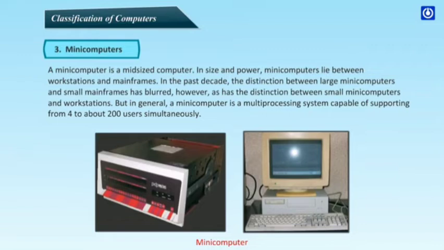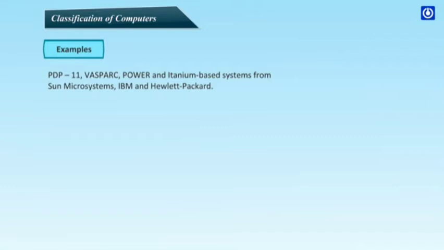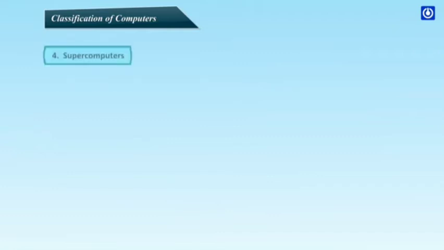But in general, a mini-computer is a multiprocessing system capable of supporting from 4 to about 200 users simultaneously. Examples: PDP-11, VAX, PARC, Power, and Itanium-based systems from Sun Microsystems, IBM, and Hewlett-Packard.